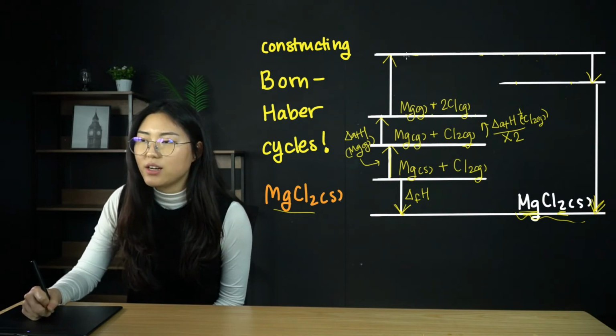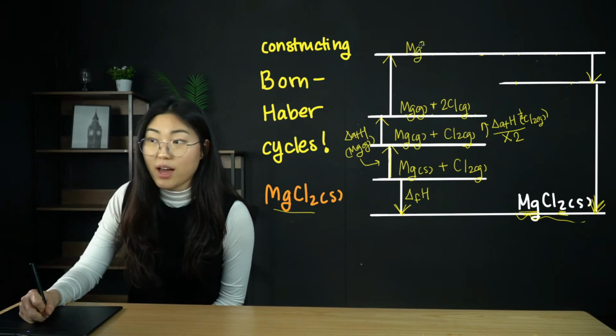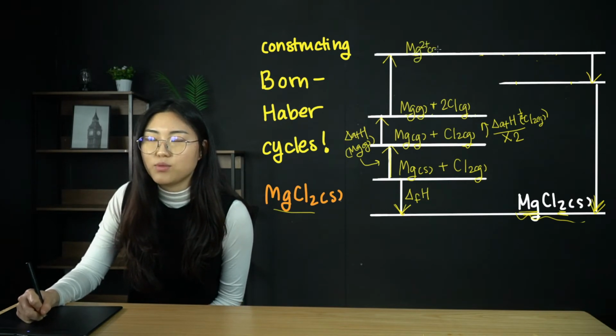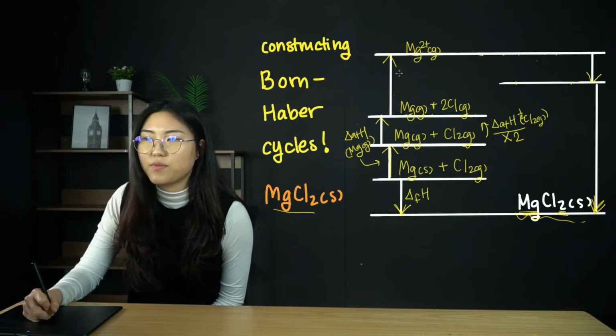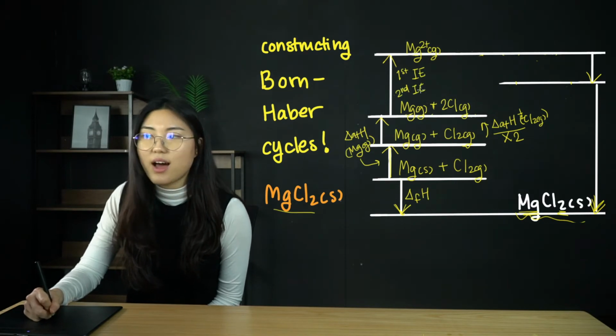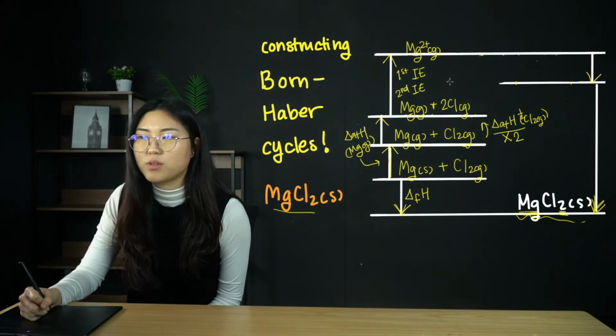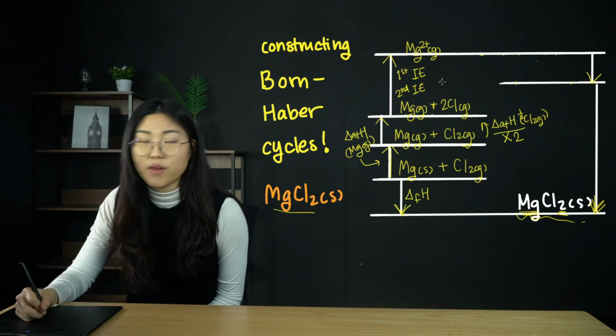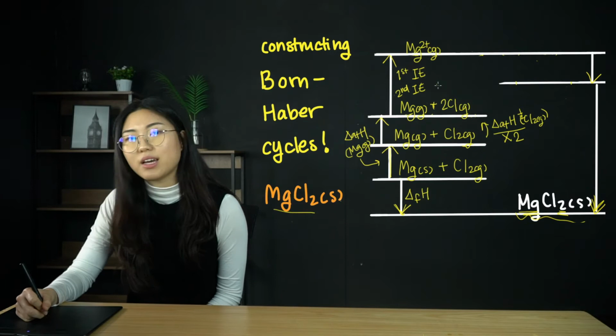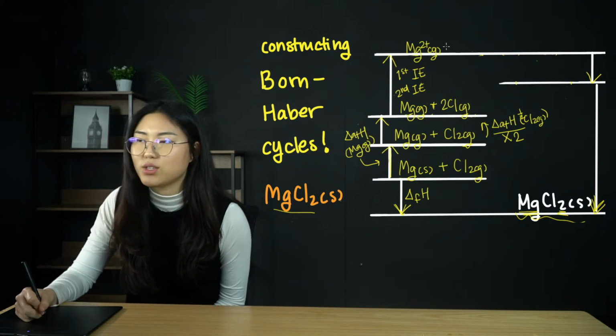And from here to here, I'm going to have to ionize Mg to make Mg2 plus, the gaseous ions. So over here, it's going to be the first ionization enthalpy and the second ionization enthalpy as well, because we're stripping away 2 electrons. So that's the first ionization enthalpy, and then the second would be the second ionization enthalpy.